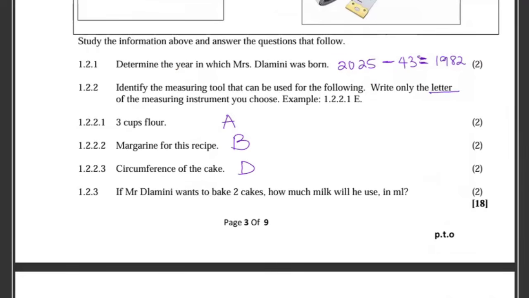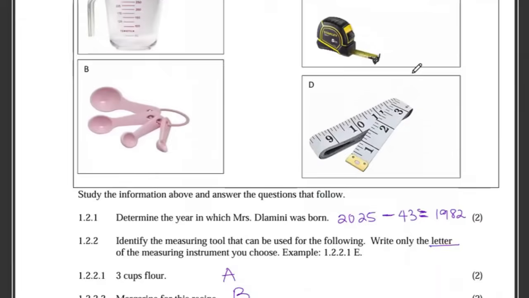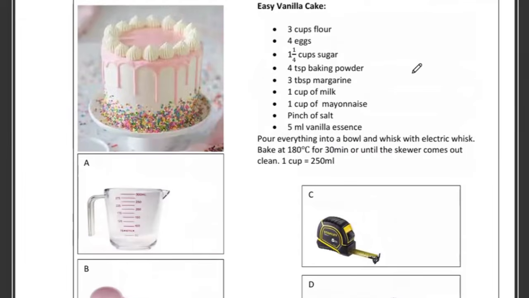So the answer there becomes D. 2 marks each. If Mr. Lamini wants to bake 2 cakes, how much milk will he use in mils? Let's check on the recipe there. The recipe says 1 cake takes 1 cup of milk, and 1 cup of milk is equivalent to 250.